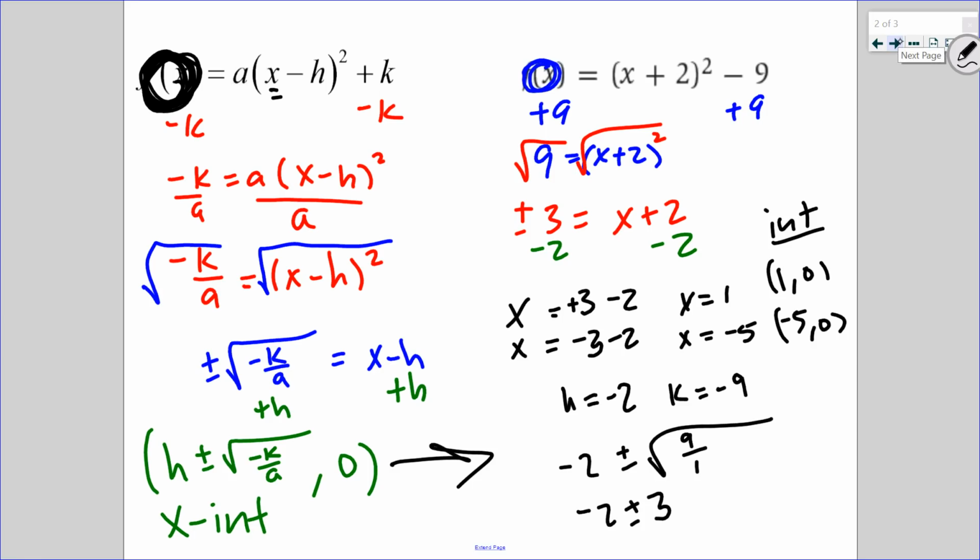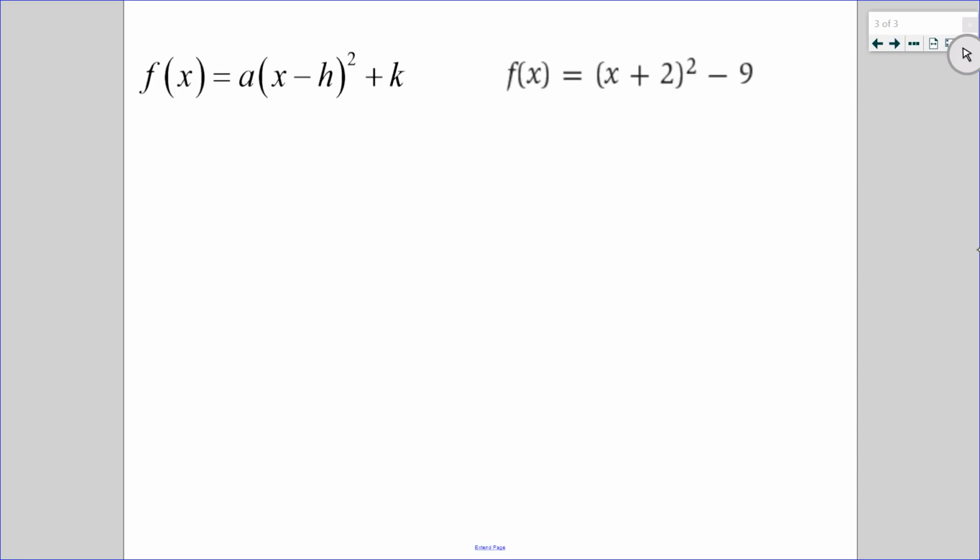The last thing we'll have you find with vertex form is the y-intercept. So we want to be able to find everything. Now y-intercept is just like anything else. We're going to find f of 0. So I'm going to plug that in to give you a general formula. It would be a times 0 minus h squared plus k. To simplify this a little bit, I'd take 0 minus h, which is negative h.